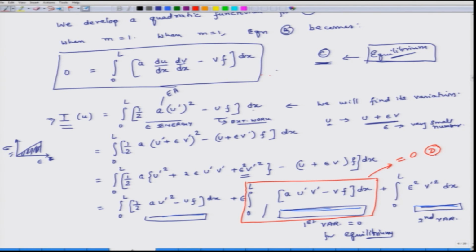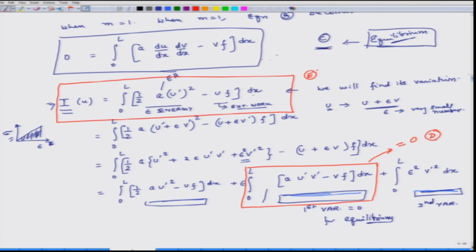Okay. So, you see that this I is a functional, it is a quadratic functional because I am having u prime square, and its first variation when equated to 0, I get equation C. So, let us call this equation E. So, I can say that E is a quadratic functional of C, and in reality, at least in the context of the bar problem, it represents the energy of the system.